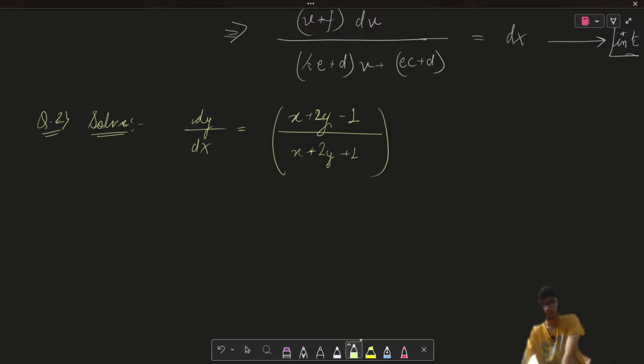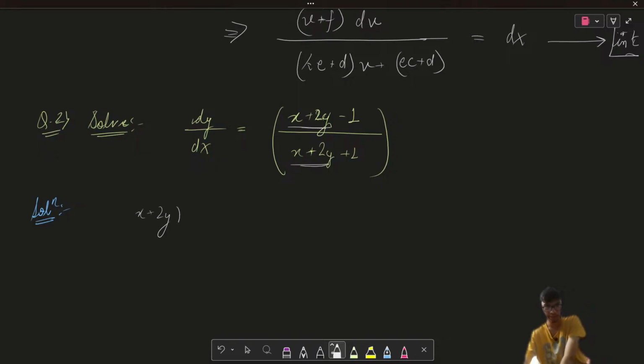So let's try to see the solution. First of all, if I look at this expression, it is similar in both the numerator and the denominator, right?